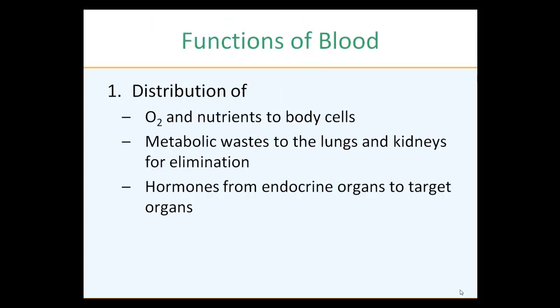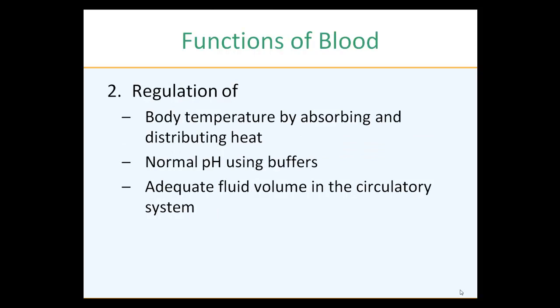Functions of the blood: distribution of oxygen, nutrients, metabolic wastes, and hormones, and it regulates the body temperature by absorbing and distributing heat. It regulates the pH because it can buffer it. And we did agree that one of the most important buffering systems we have is the bicarbonate.